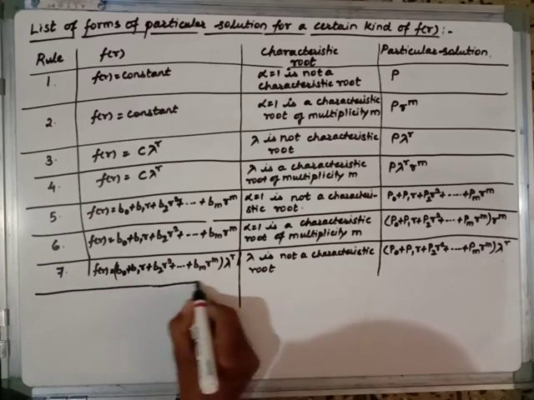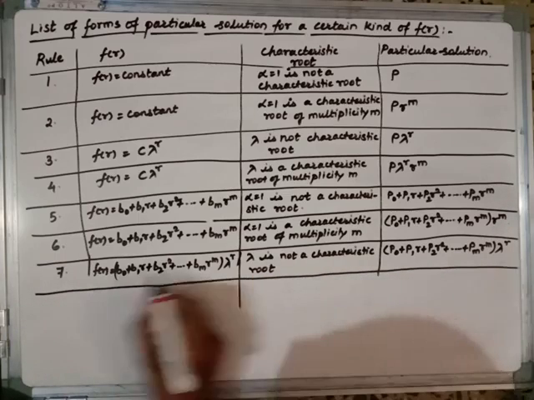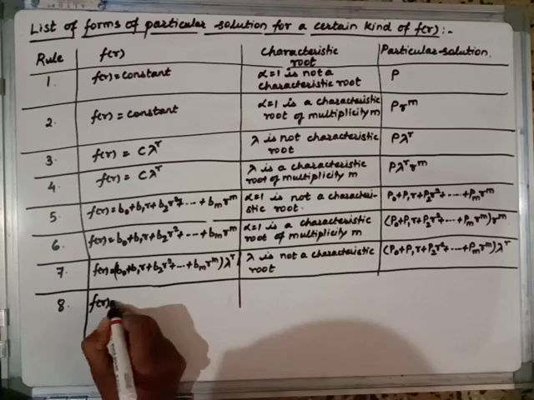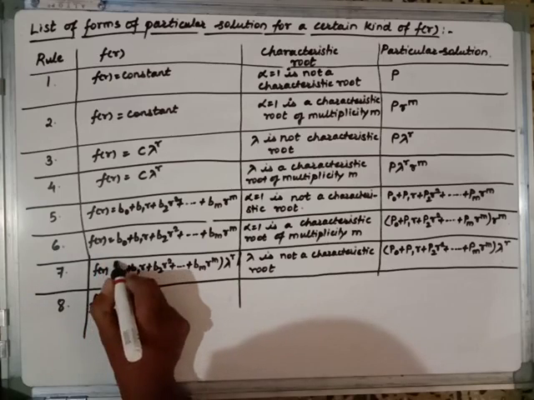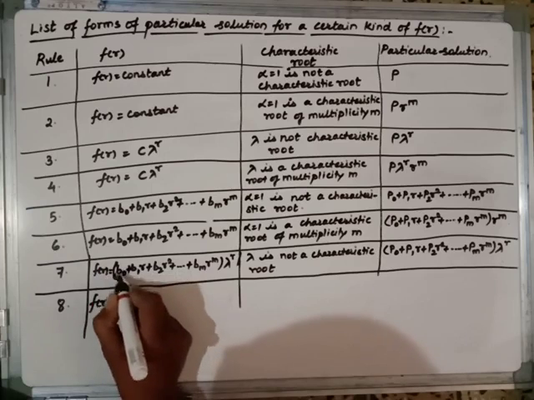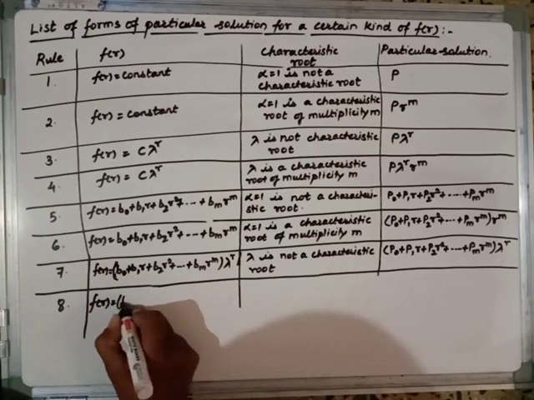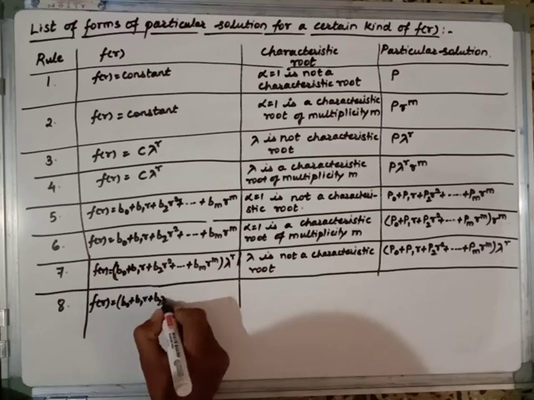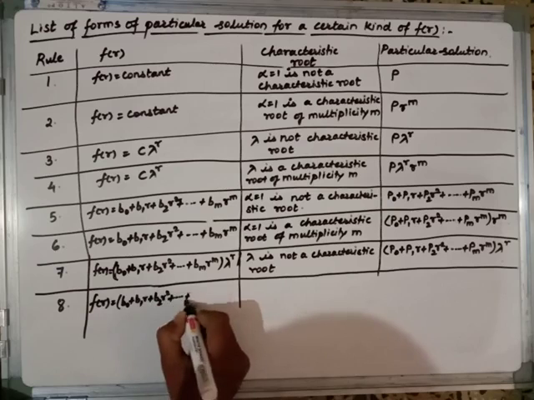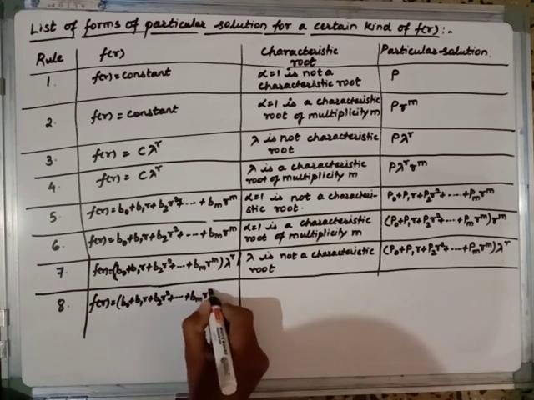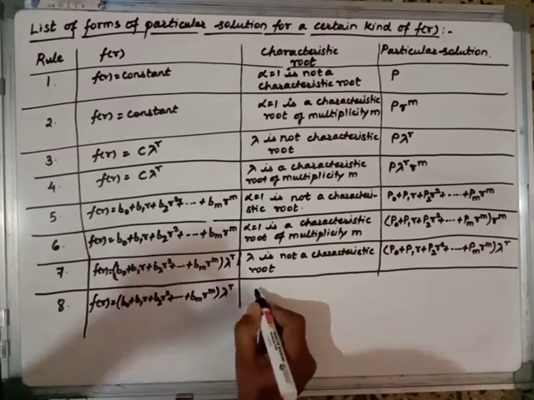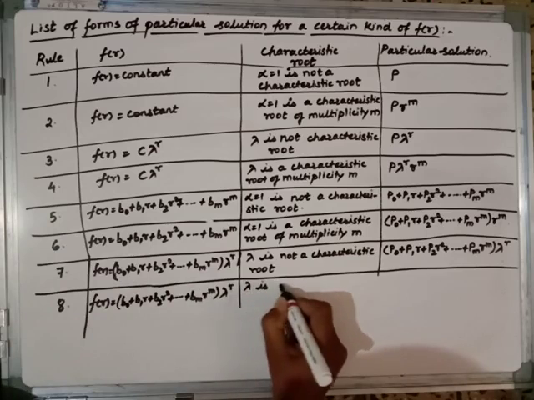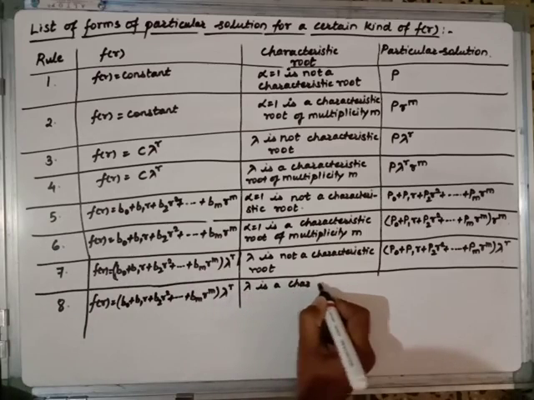And the last rule: f of r equals b0 plus b1 r plus b2 r square plus so on up to bm r raised to m, into lambda raised to r, where lambda is a characteristic root of multiplicity m.